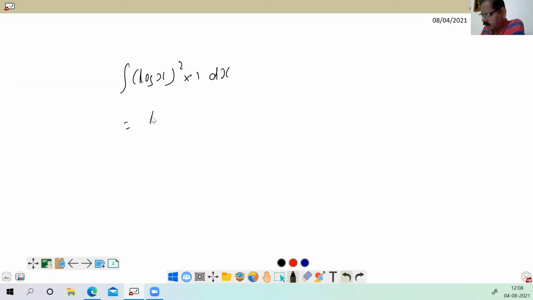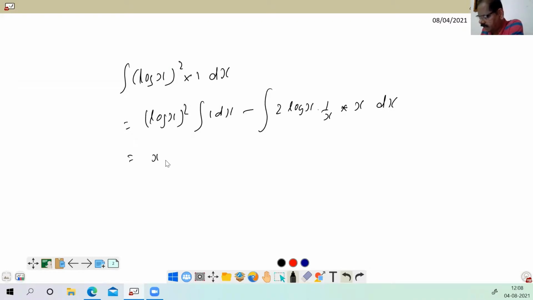So this is log x whole square, the first function, into the integral of the second function, minus the integral of the derivative of the first function. That is, the derivative of log x whole square is 2 log x into 1 by x, into the integral of 1 dx, which is x. So this is x into log x whole square minus 2 into the integral of log x. This x and this x cancel, leaving log x dx.